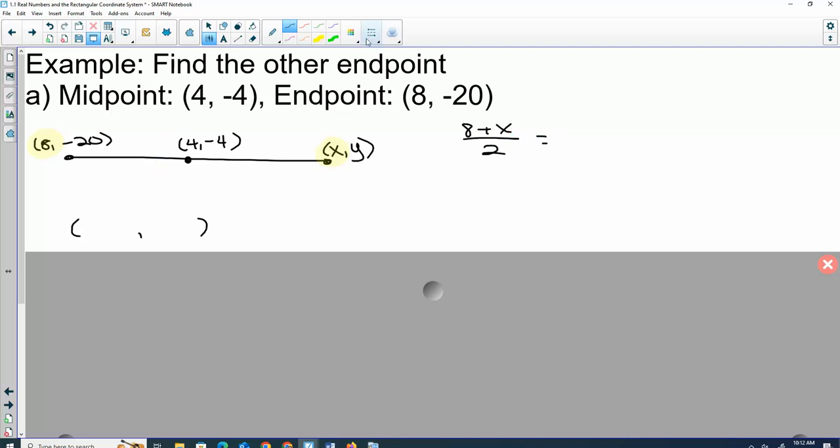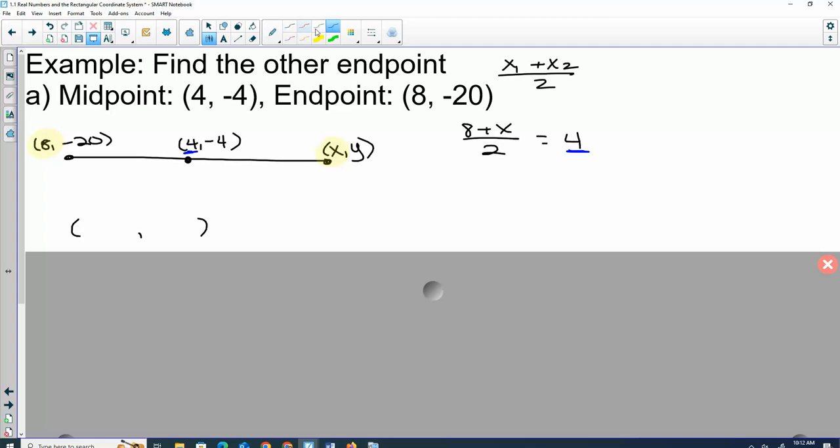What was the x value of my midpoint? 4. So it's using that formula in reverse. The formula, remember, said x1 plus x2 divided by 2. Here's the x of the first one. We don't know the second one, so I just left it as x, divided by 2. And that equals the x in the middle, my 4.